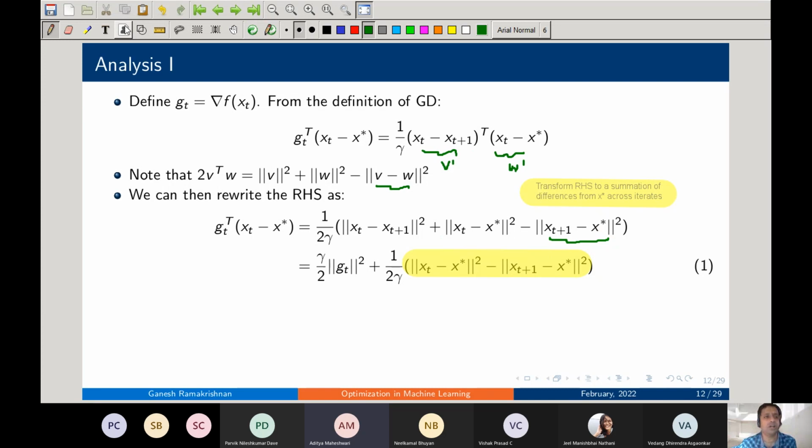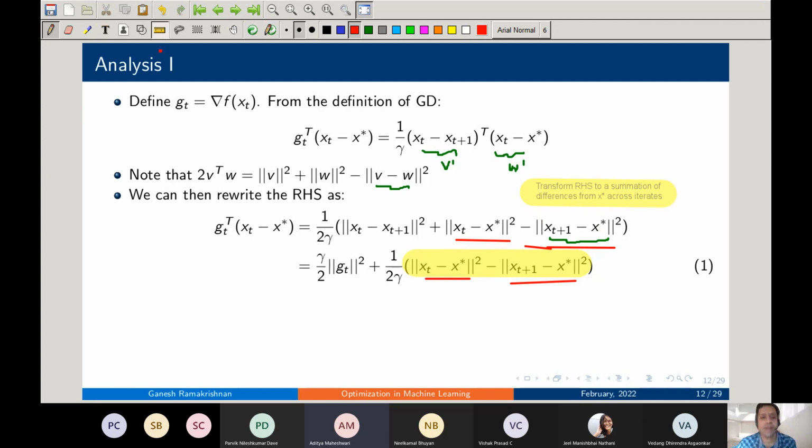These are the two terms I'm drawing your attention to: xt minus x star square minus xt plus 1 minus x star square. These are the exact two expressions we have.